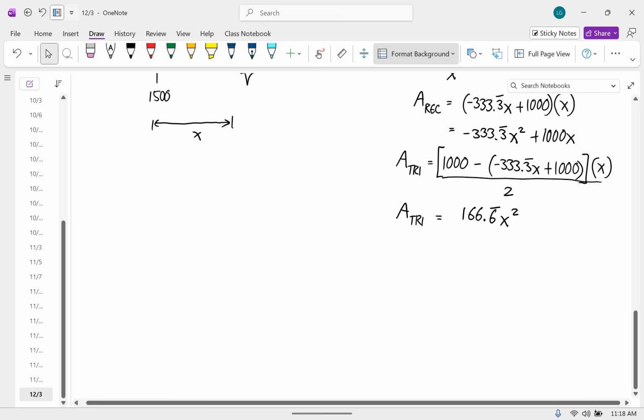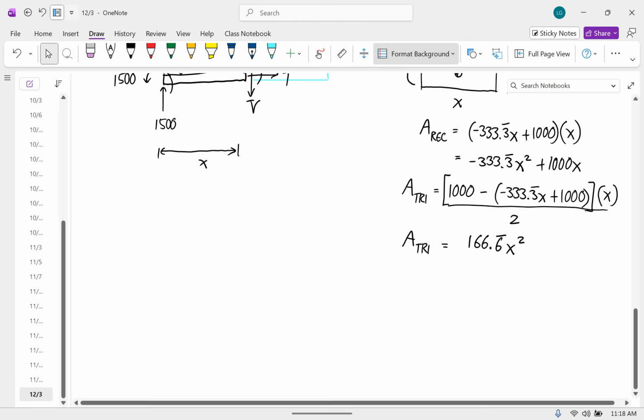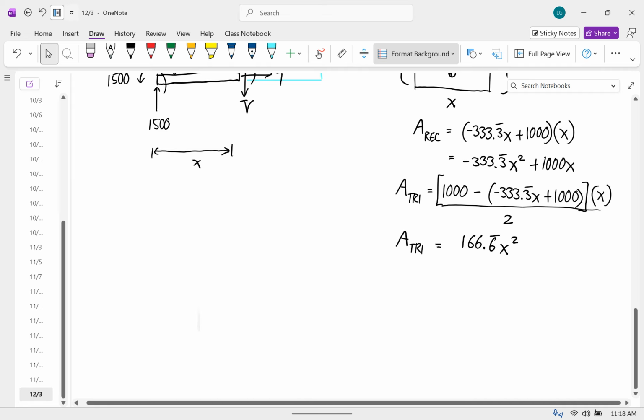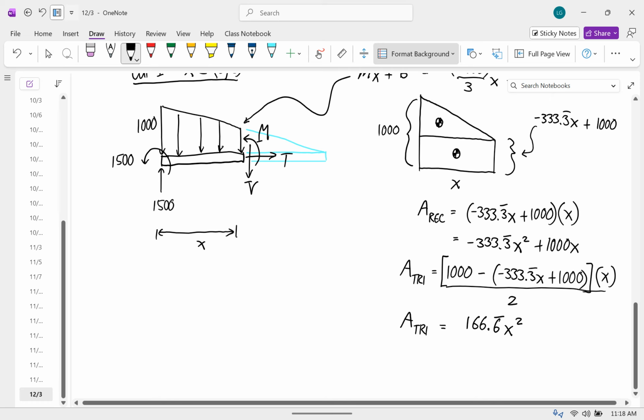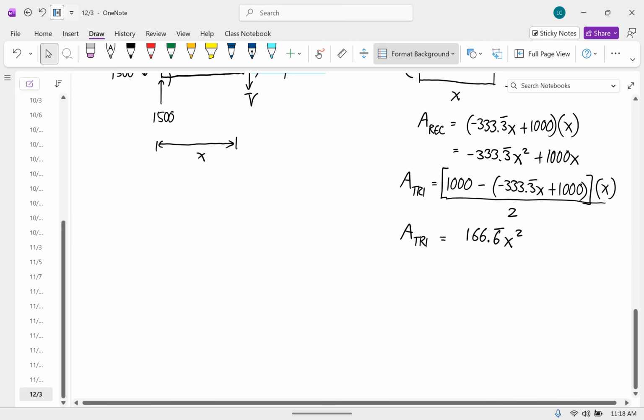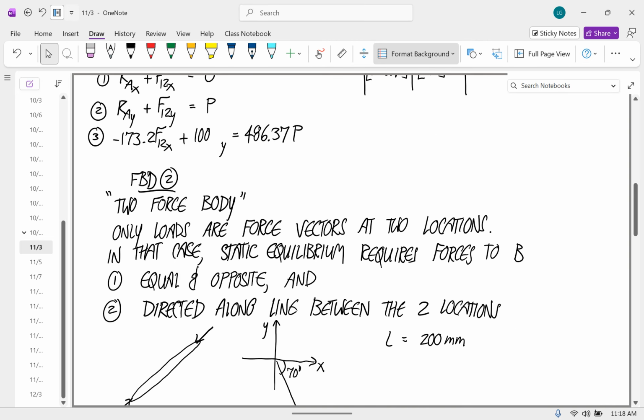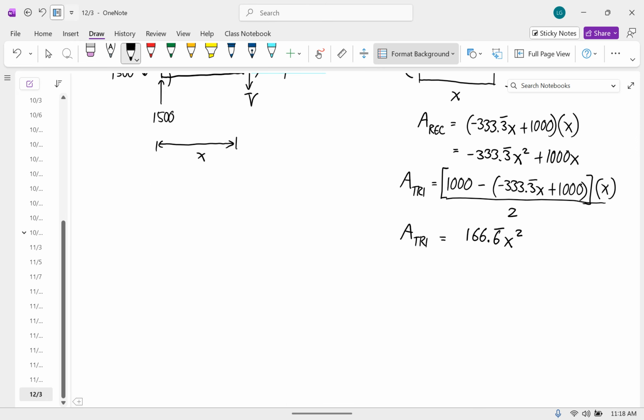Okay? So now I'm going to redraw the free body diagram. These areas are the point forces that represent those two parts of the distributed load. I'm breaking up that single distributed load into two separate distributed loads. So here's the piece. And we have the upward force of 1,500, the couple of 1,500 Newton meters.